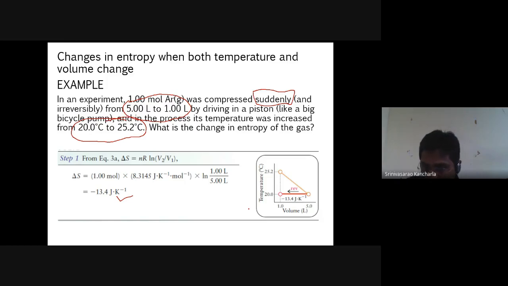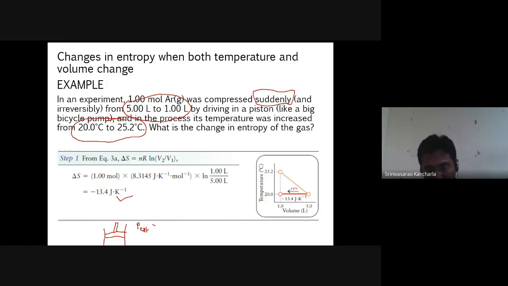Are you getting my point? We have discussed this one. Suppose this is P external, this one is your piston, you are doing compression. So your P external is very slightly higher than your P internal, nearly equal.